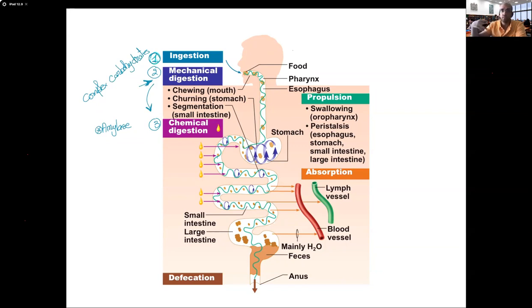Stomach? Anyone? So stomach, under the effect of the acids, yes, we're going to be performing chemical digestion under the effect of the acids released in the stomach, also under the effect of the different enzymes in the stomach. But I actually start the chemical digestion in the oral cavity, exactly, in the mouth.